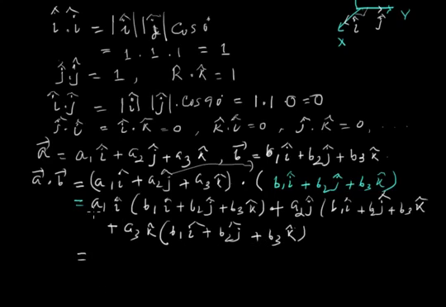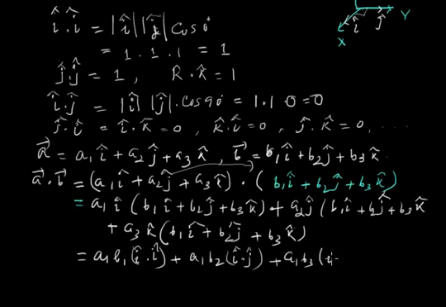So A1 B1 I cap dot I cap, A1 B2 I dot j, A1 B3 I dot k.